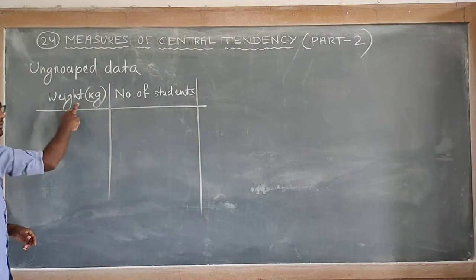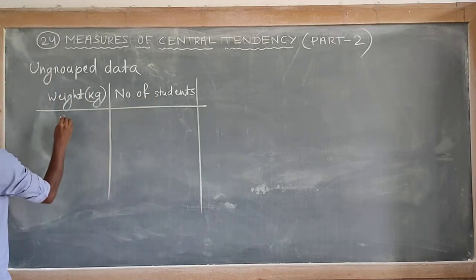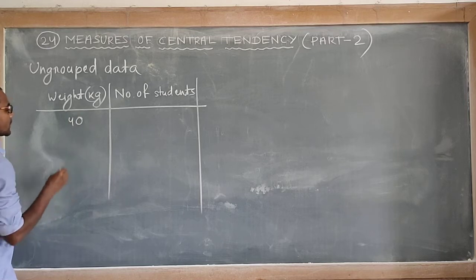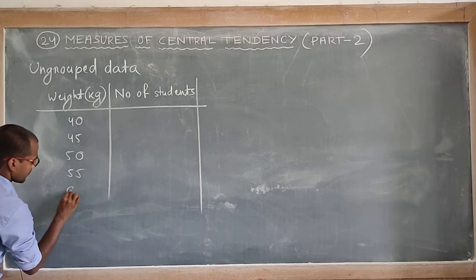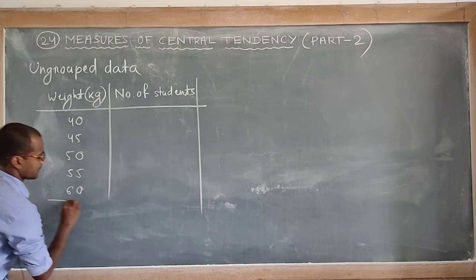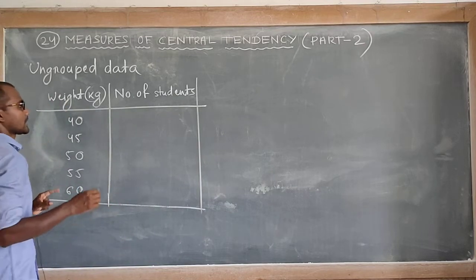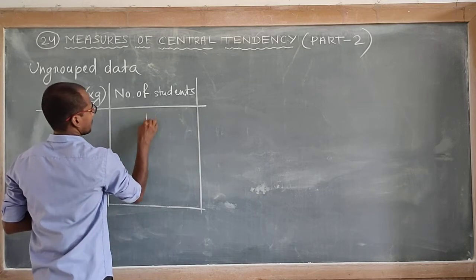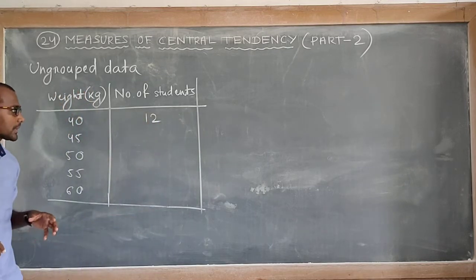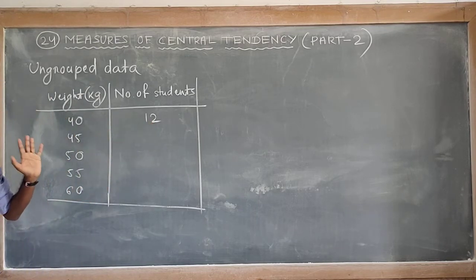This is X, this is F, frequency. Suppose we will start from 40 kg, 45, 50, 55, 60. We are taking till 60. Suppose frequency of 40 is 12. That means there are 12 children in the class whose weight is 40 kg.